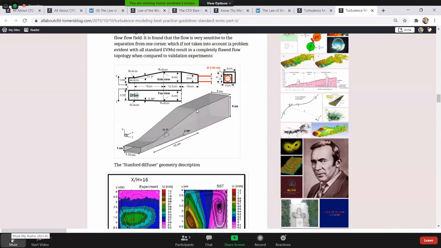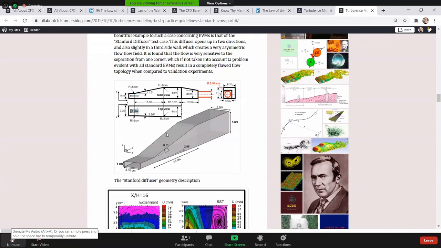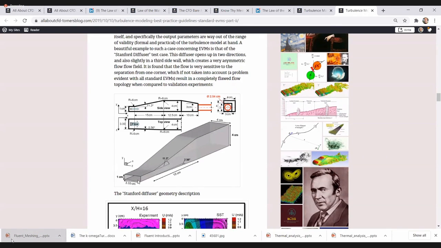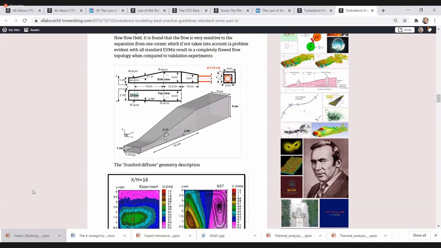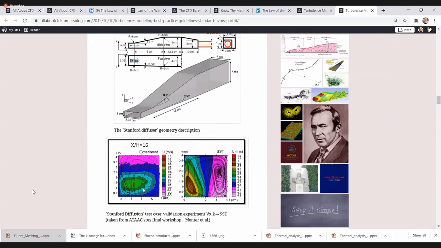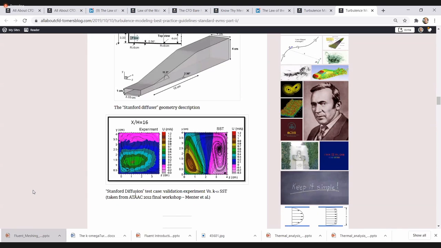Here you see a problem which is very interesting, where EVMs fail totally because of the inability to account for rotation.